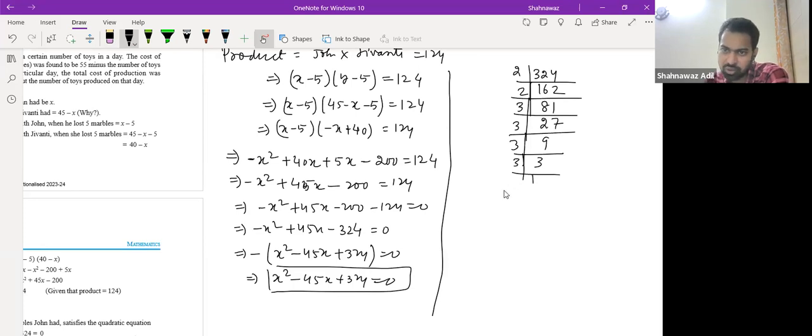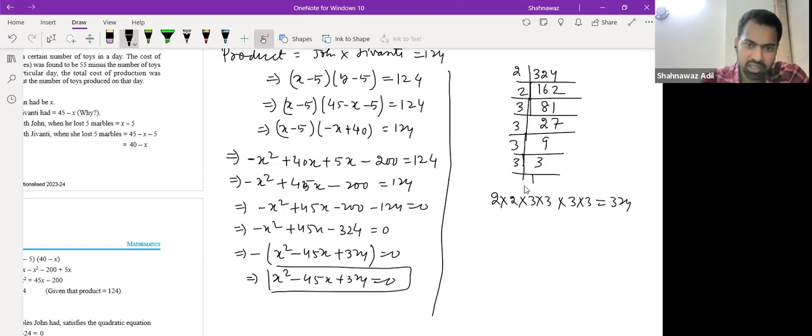So this is 2 into 2 into 3 into 3 into 3 into 3, which is 324. We cannot just stop over here at X square minus 45X plus 324 equal to 0, we have to solve this equation, right?